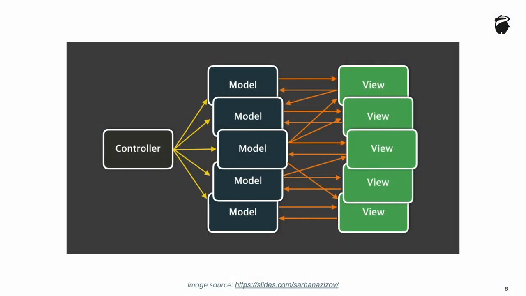Whereas in the previous world with MVC, you would have a controller which would then use a whole bunch of data models to render very specific parts of the view. And then you end up with this complex mesh of two-way binding. You'd have to think carefully about, if you were going to update your state somewhere, what bits of the application would update.